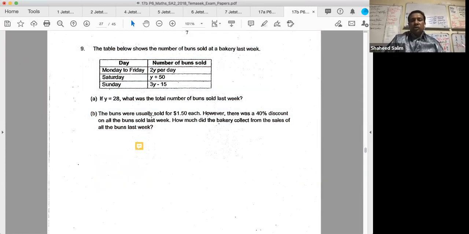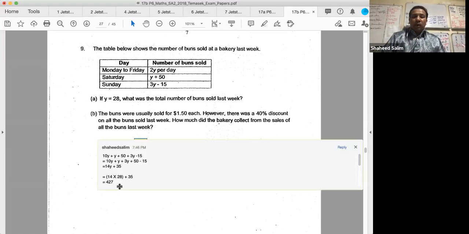The buns were usually sold for $1.50. Okay, you try, sir. This is the number of buns. 427 is the number of buns sold.